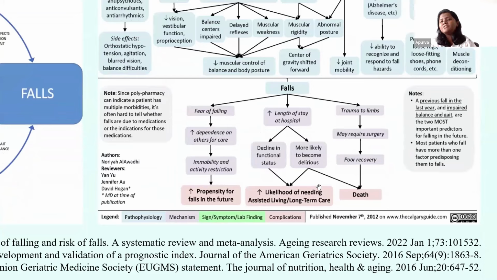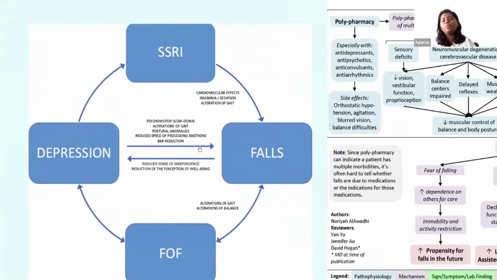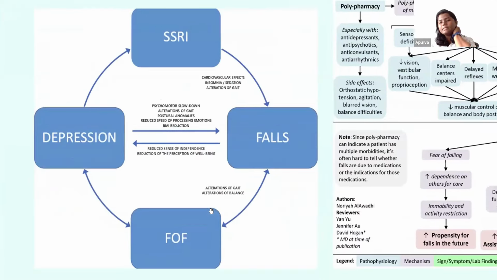Also, a previous fall in the last year with a patient coming with impairment in balance and gait will be our predictors for falling in the future. Also, what we need to understand is that after any fall has occurred, the first followers, as we would rightly call them, will usually present with a lot of fear of fall and associated depression due to loss of mobility.